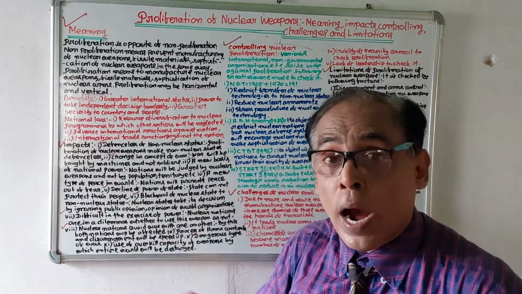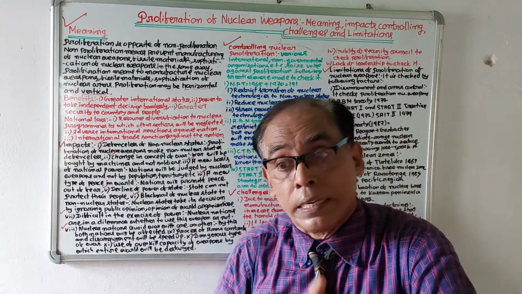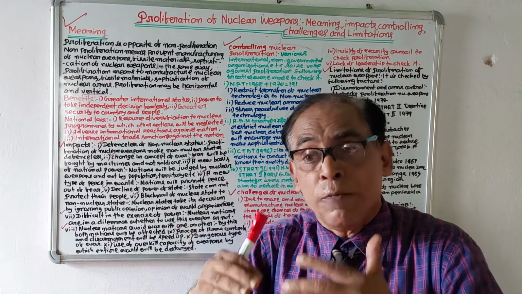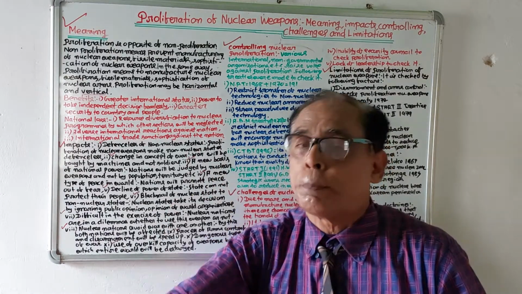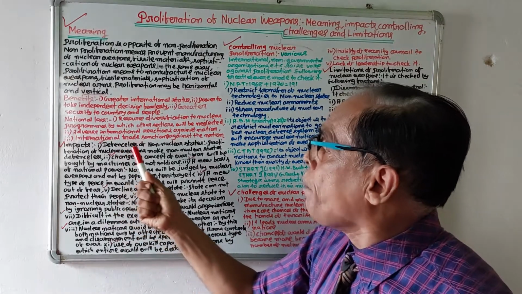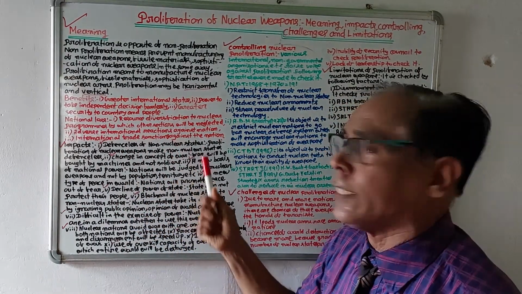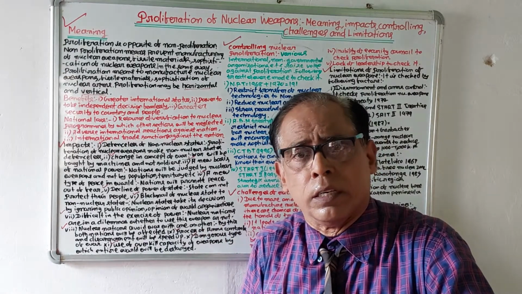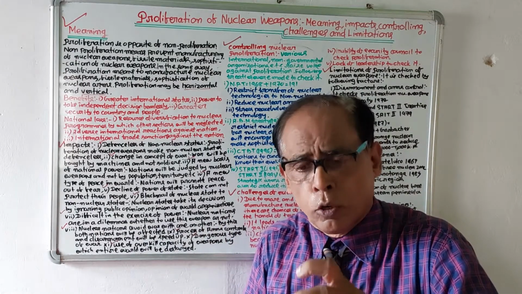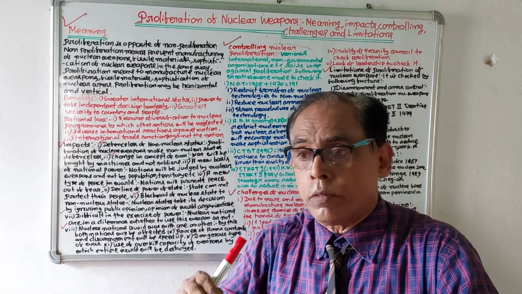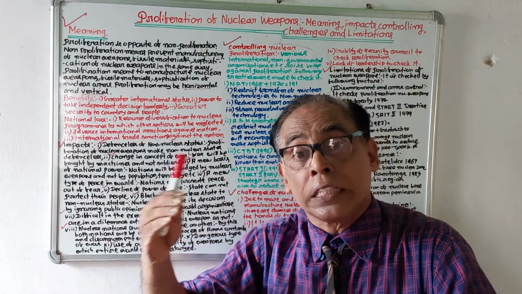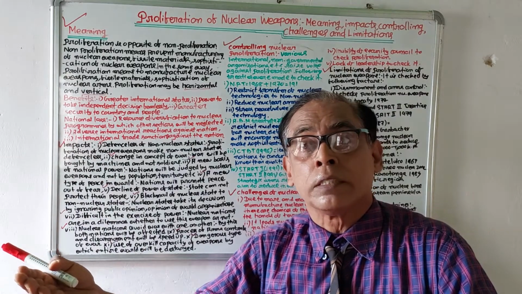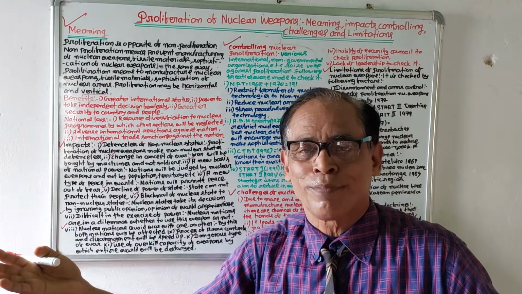Now let's discuss what impacts a nation will have if it has nuclear weapons. Number 1, defenselessness of non-nuclear states. If a nation manufactures an atomic or nuclear weapon, then nations that do not have nuclear weapons will become defenseless.